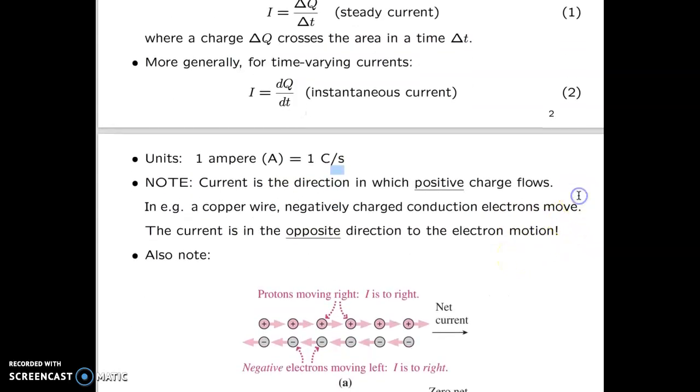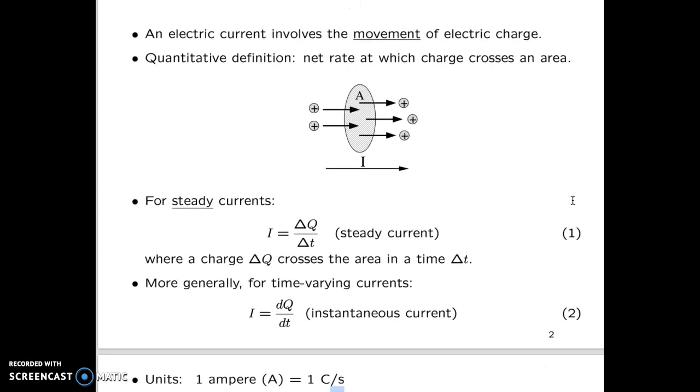One of the strange things about electric current is that we define a direction of the electric current. That's not so strange, but we define the direction as the direction in which positive charge would flow. So going back up here, with reference to this picture, if we do have positive charge moving to the right, we say the current is moving to the right.